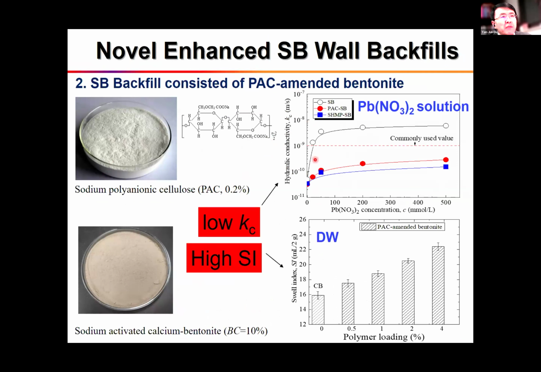We permeate the backfill with the lead nitrate solution. We find for the amended backfill, the K remains almost unchanged. However, for the unamended backfill, the K is much higher than 10⁻⁹ meters per second.